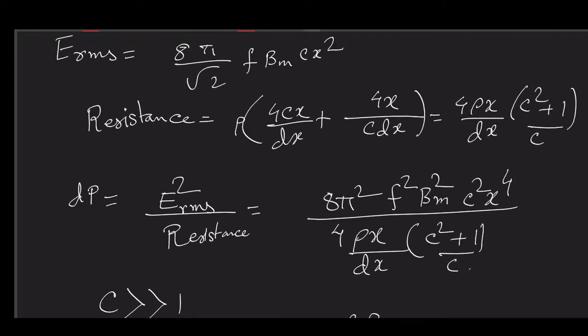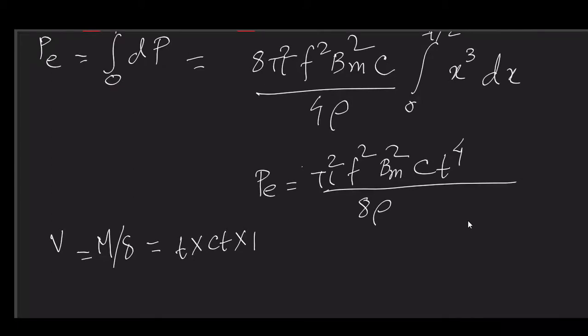So if this is CT square, then we can write PE is equal to pi square m square bm square.